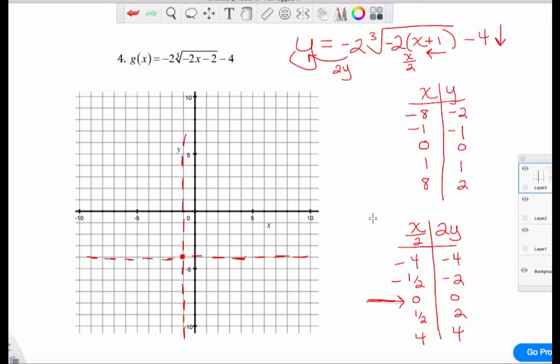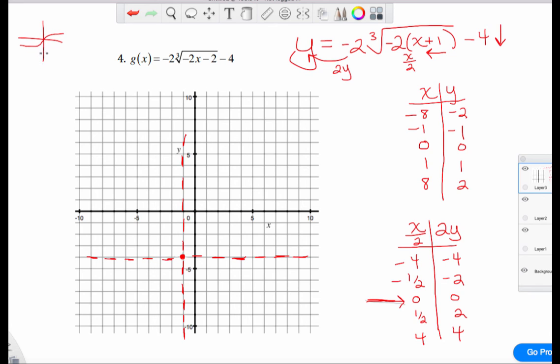Okay, so this graph is kind of special. It normally looks like this. And what happens is when you have a double reflection on this graph, it's going to look exactly like what it started.